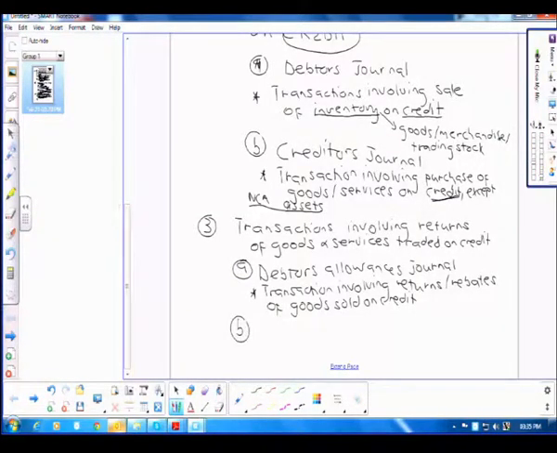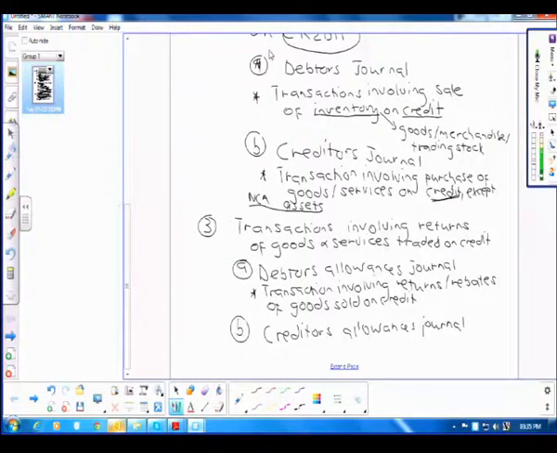And then the second journal in here will be the creditors allowances journal. This is the same explanation, but it will only involve the creditors from whom we bought the goods.